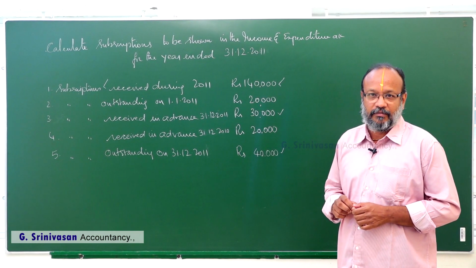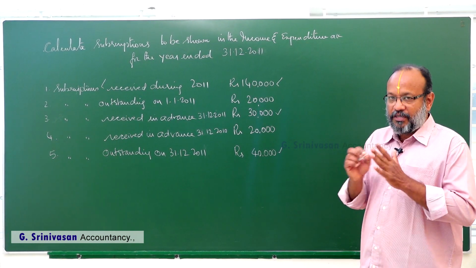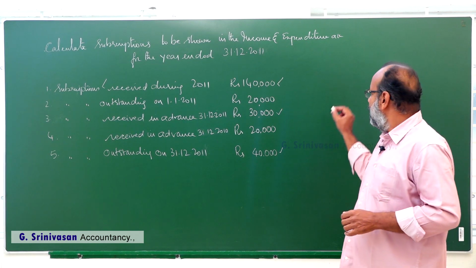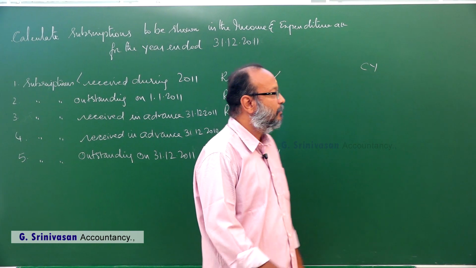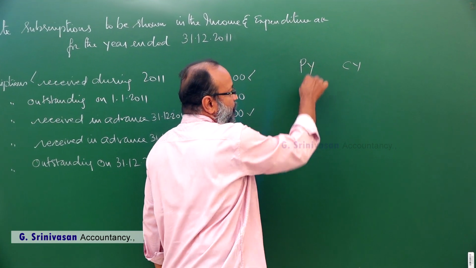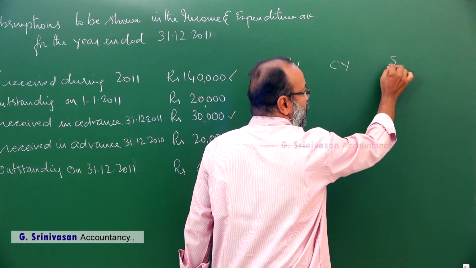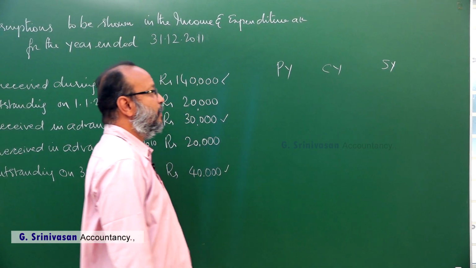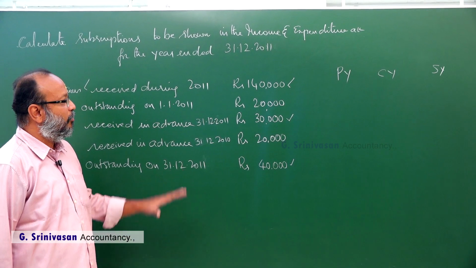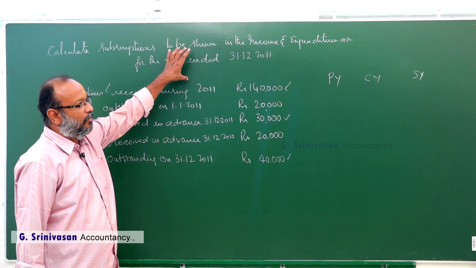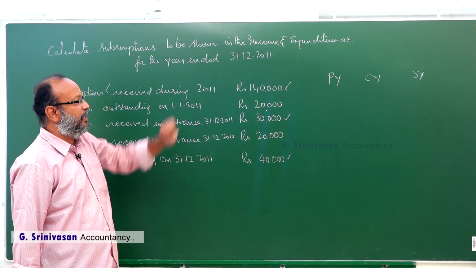So first now let us understand what is the current year, what is previous year, and what is the subsequent year. Current year is the year for which the statement or income and expenditure account is being prepared.